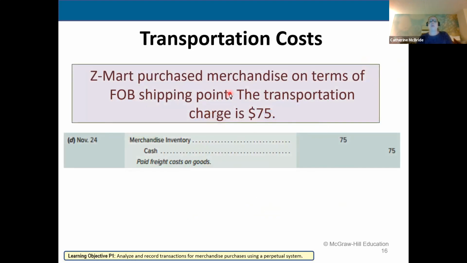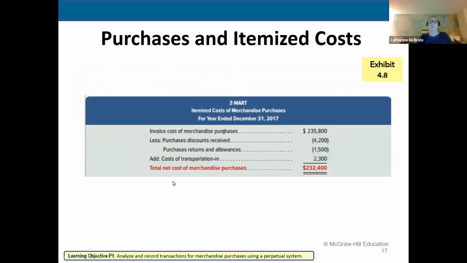So let's say that we purchased merchandise on terms FOB shipping point, and we paid $75 for transportation. Now remember, that transportation cost gets included in inventory. So instead of doing anything with the transportation expense, we're going to debit that $75 to inventory. So we're increasing inventory the amount of the transportation costs. So this is what it would look like.